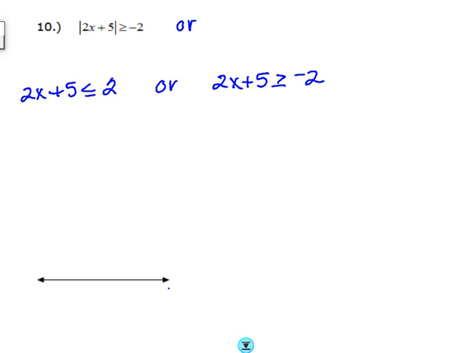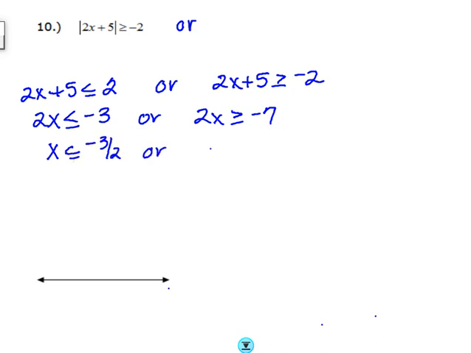All right, let's solve both. Subtract 5. 2 minus 5 is -3. Or subtract 5, 2x. -2 minus 5 is -7. Divide by 2, x less than or equal to -3/2, or x greater than or equal to -7/2.